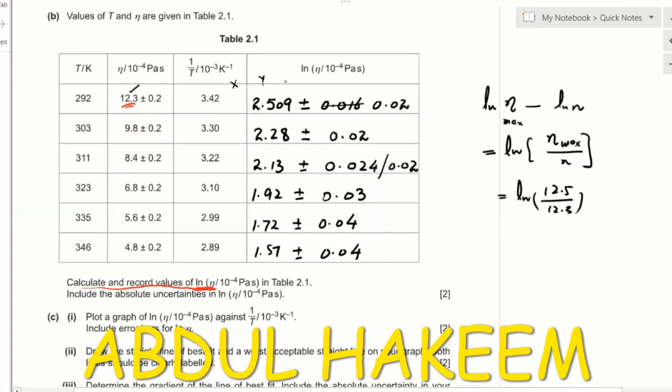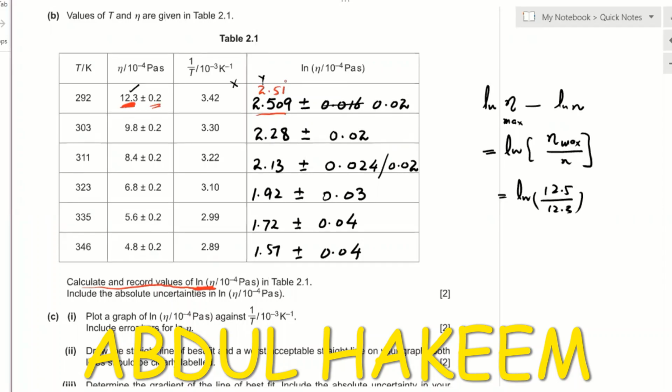So this column is ln eta, and this is the uncertainty. Use a calculator: ln 12.3 is coming 2.509. So you can also write 2.51. Either write the same significant figures, or write the same number of decimal places as the number of significant figures given in the raw data.